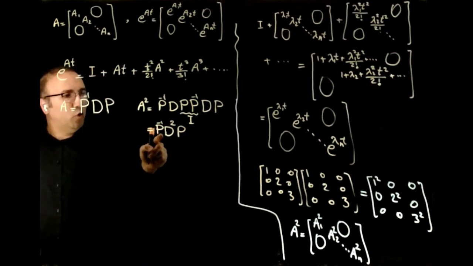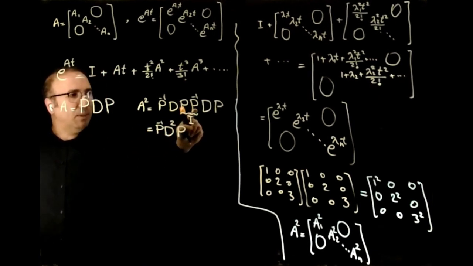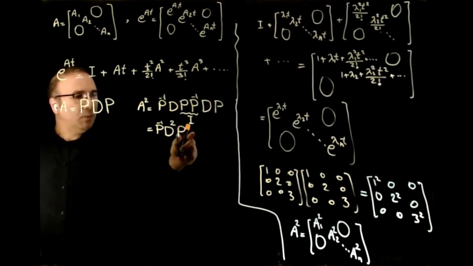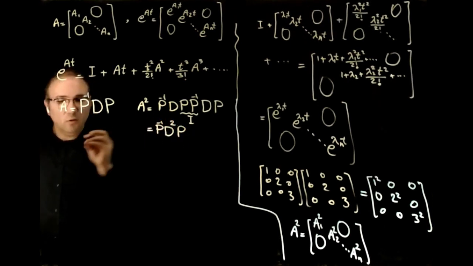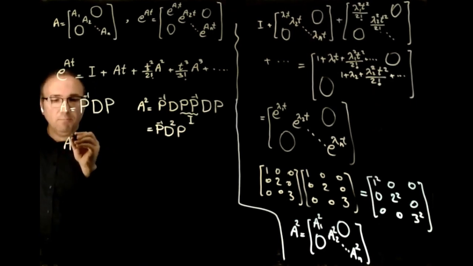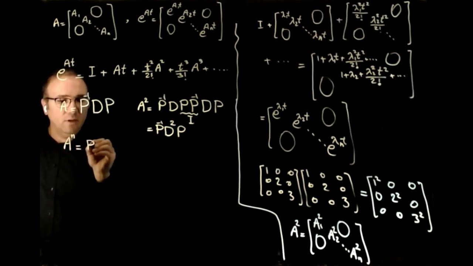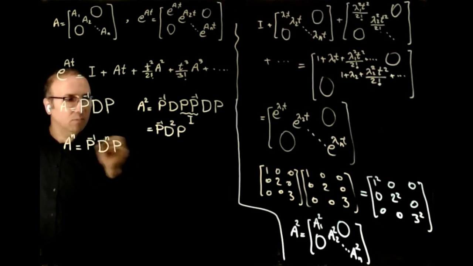The same thing if I multiply again by P inverse D P, that P P inverse would cancel out and become I, then it would be D cubed. So I can write any power as P inverse D to the power of n P.